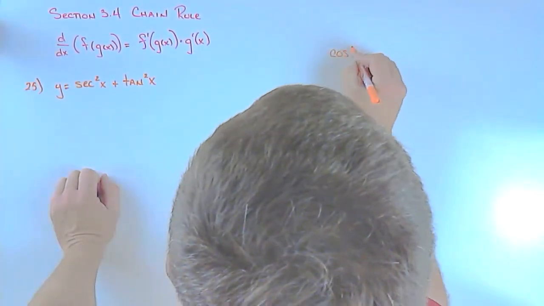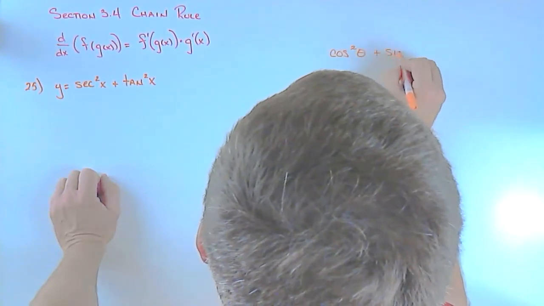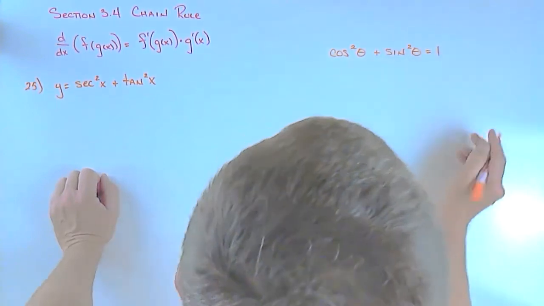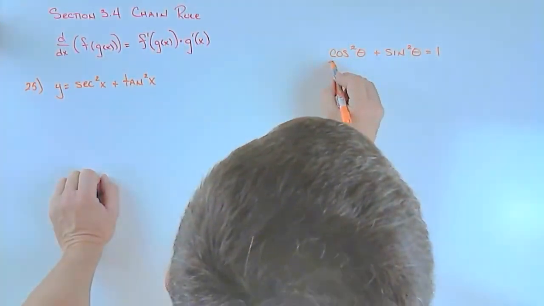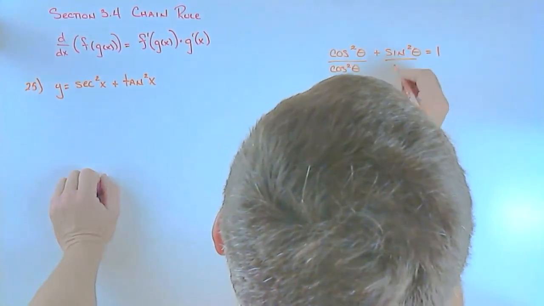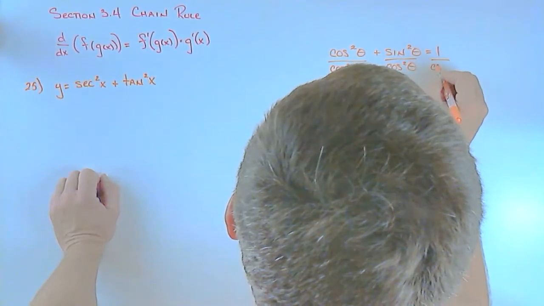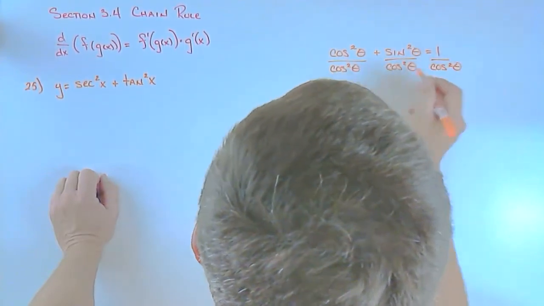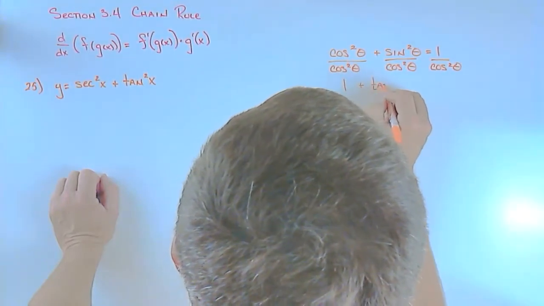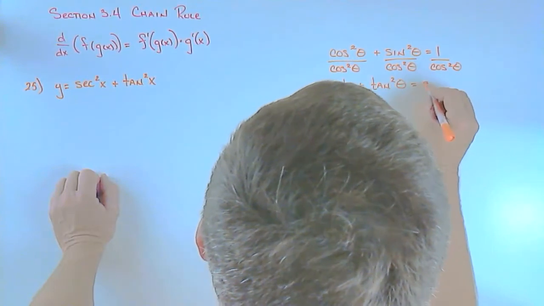Because we have a trig identity that says cosine squared of theta plus sine squared of theta equals 1. And if we divide this by cosine squared, and this by cosine squared, and this by cosine squared, we get 1 plus tangent squared equals secant squared.